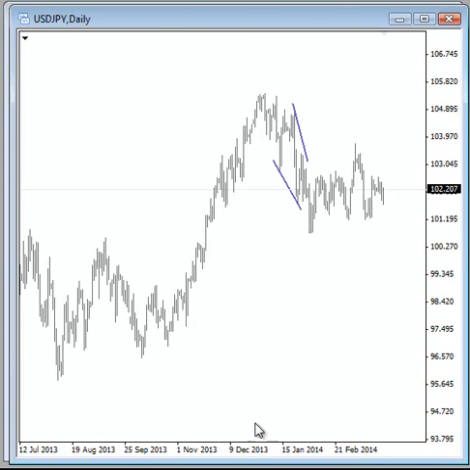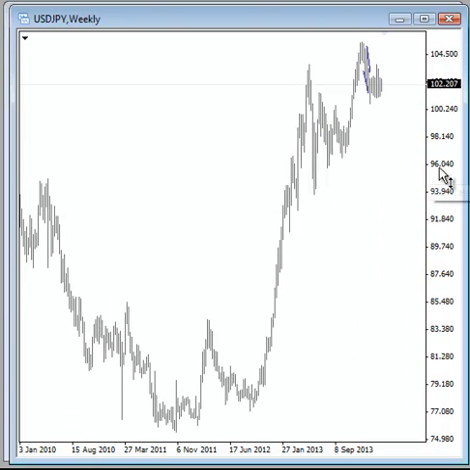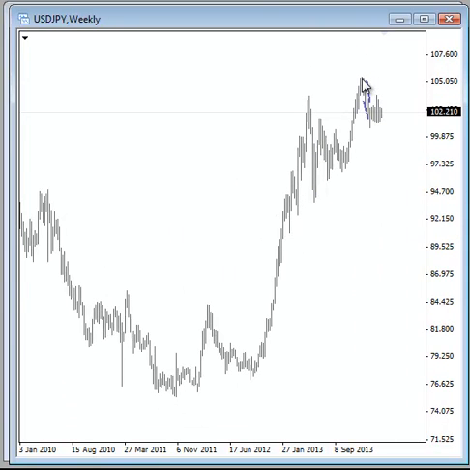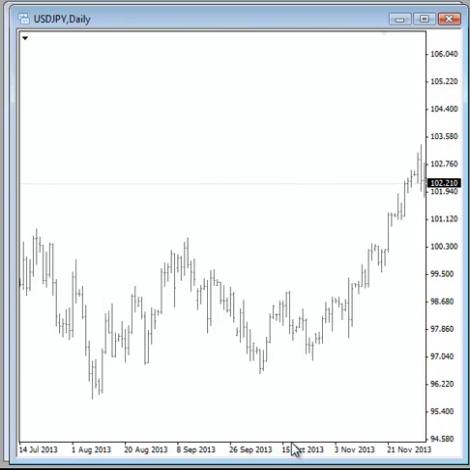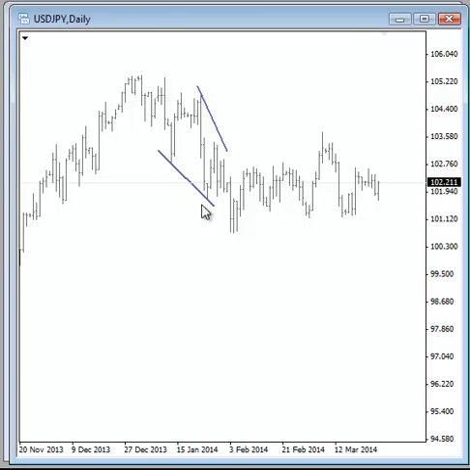Now if I zoom this in, you will actually see that on the weekly chart we have 1, 2, 3, 4, 5 legs up, so we definitely expect a corrective retracement. So I'm looking for a three wave decline. As I said, I label this as a leading diagonal in the first leg of this three wave decline. So I will label this as a wave A, wave B, and looking down for a wave C.